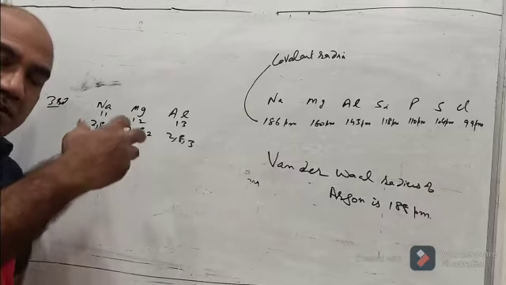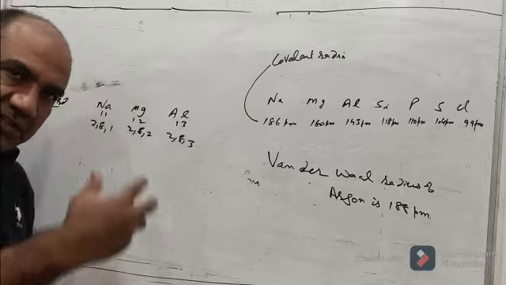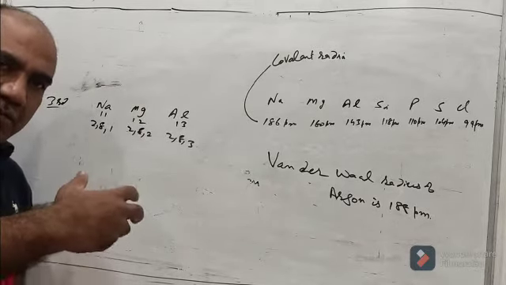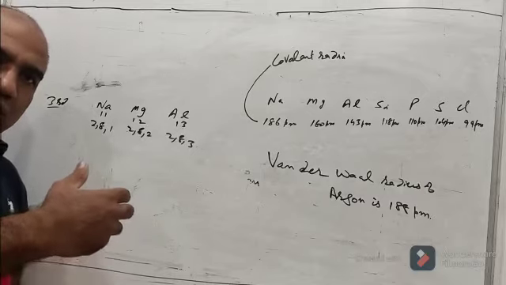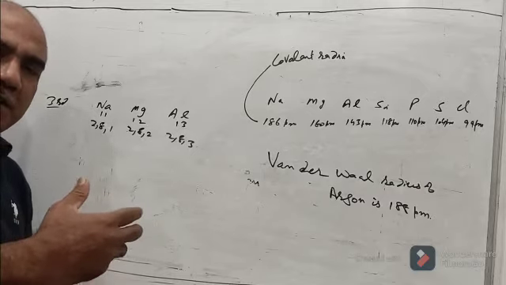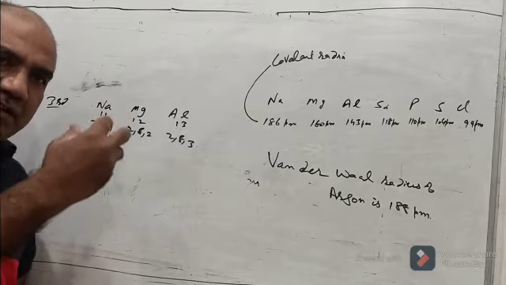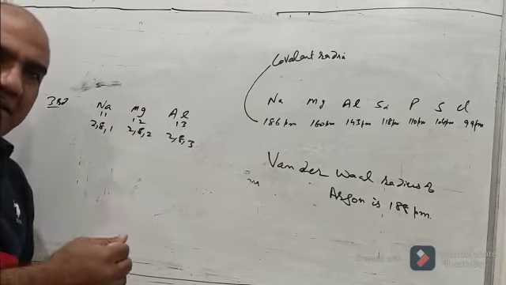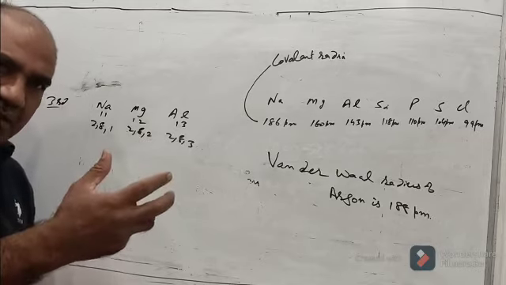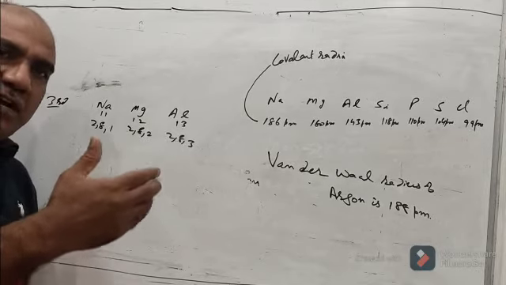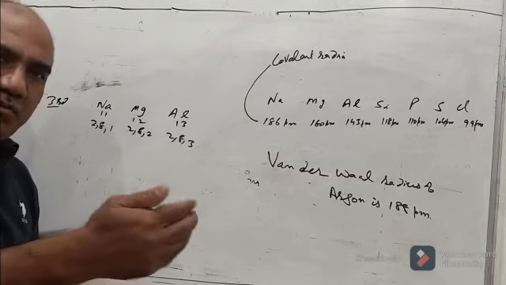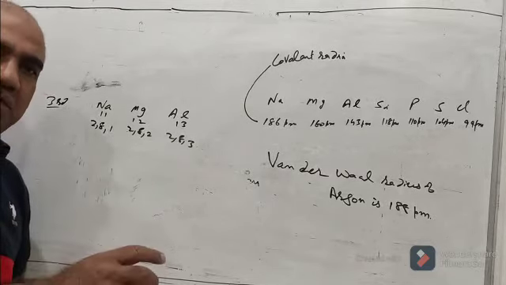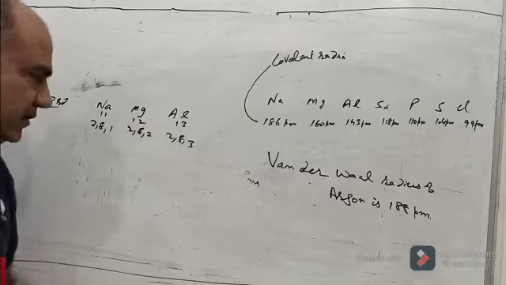So the charge at the nucleus of the atom increases. So there will be an increased force of attraction between the positively charged nucleus and the electrons moving in the outermost orbit, and because of that the positively charged nucleus will draw the outermost orbit towards itself. As a consequence, the size of the atom will decrease.